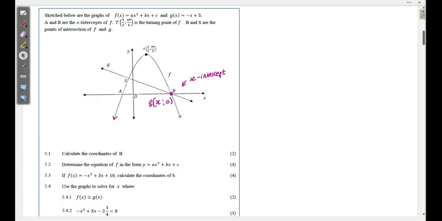Since g of x is equal to negative x plus 5, the x value we don't know, but the y value is 0, so you can say 0 is equal to negative x plus 5. Taking x this side, you get x is 5. Therefore we have the coordinates of b as 5 and 0.